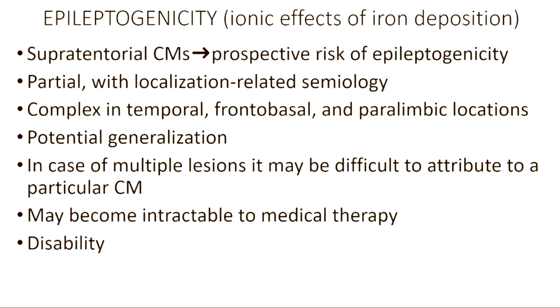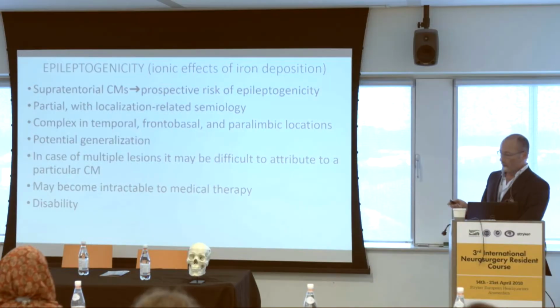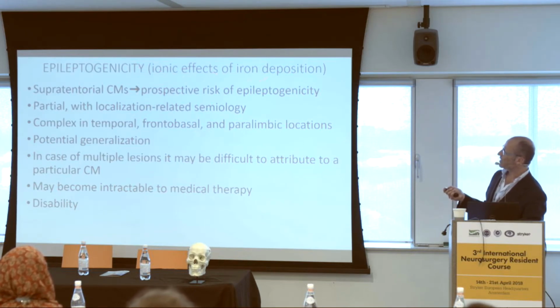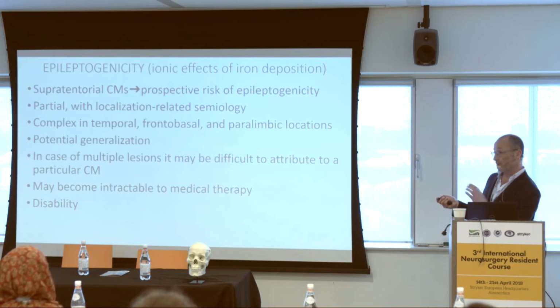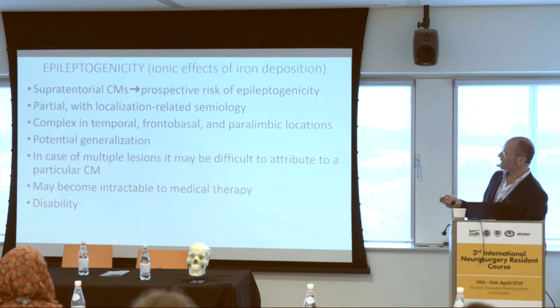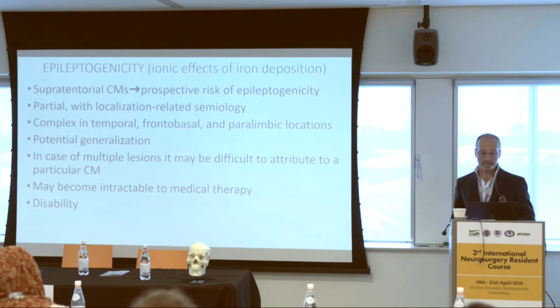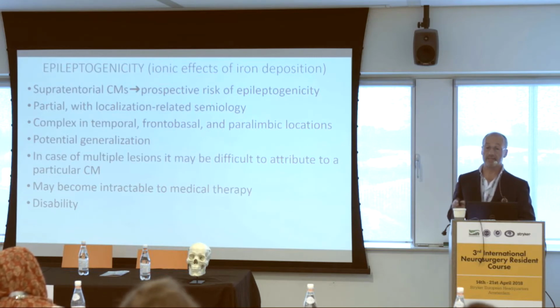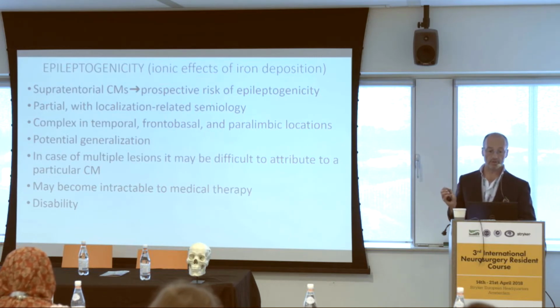Seizures can be partial with a localization-related semiology, can be complex in temporal location, frontobasal and paralimbic locations, and with a potential for generalization. In case of multiple lesions, it can be very difficult to attribute the origin of seizures to a particular lesion. Seizures may become intractable and cause disability.